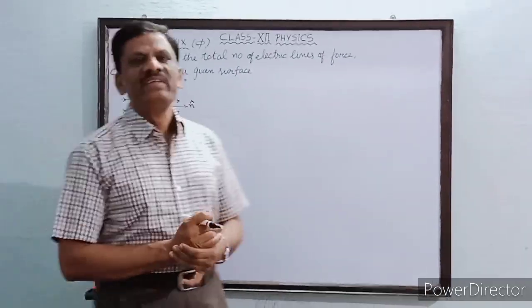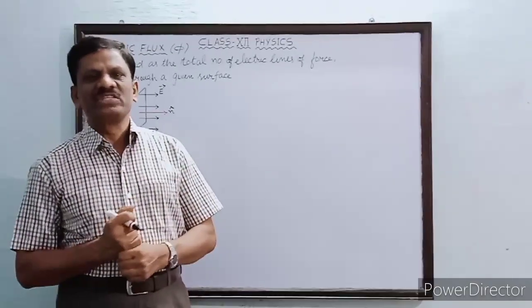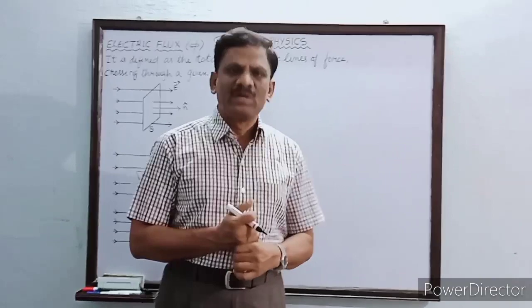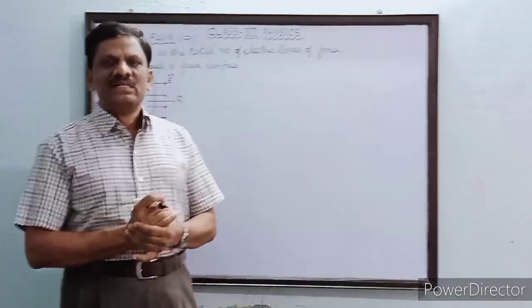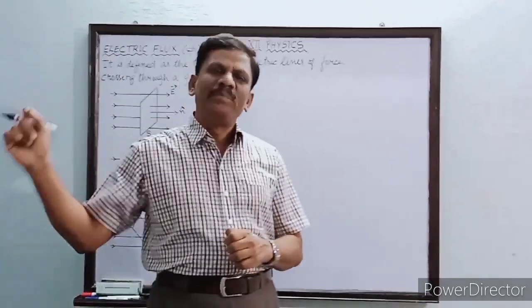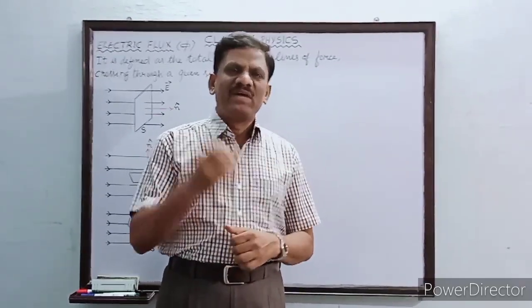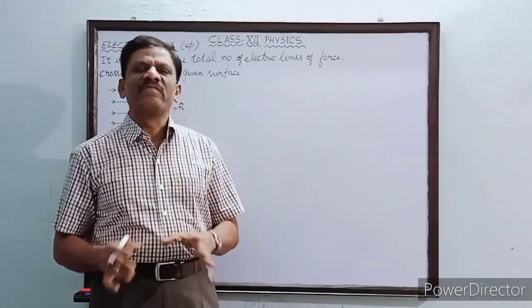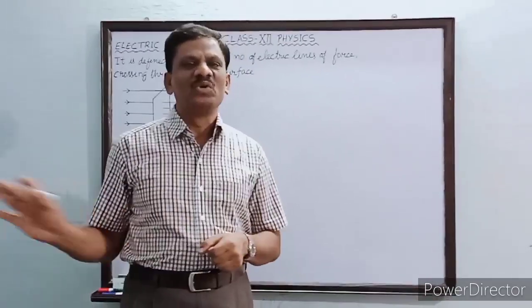How did we define the electric lines of force? These are the directions along which a test charge of +1 coulomb will tend to move in the electric field. Suppose the given charge is a point charge, and at a point P, which is at a distance r from the given charge Q, we derived the expression for the electric field: E is equal to Q by 4 pi epsilon naught r square, and the direction is outwards.